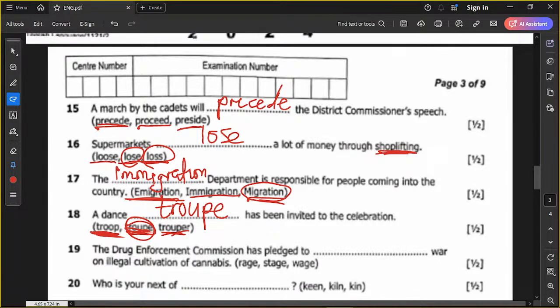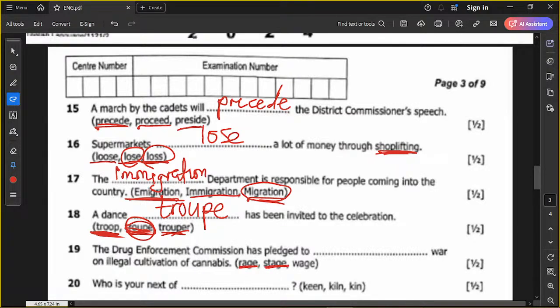Question 19. The Drug Enforcement Commission has pledged to dash war on illegal cultivation of cannabis. So, rage, this is extreme anger.